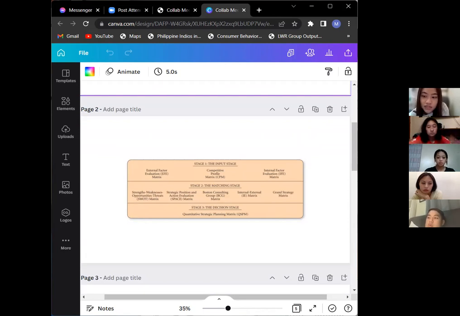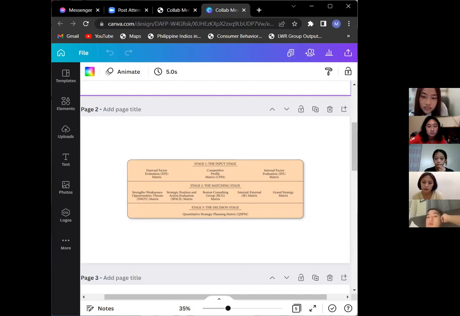This means that the input stage, the information derived from the EFE matrix, IFE matrix, and CPM, provides basic input information for the matching and decision stage. So we are now on the matching stage. The matching stage of the strategy formulation framework comprises 5 techniques.